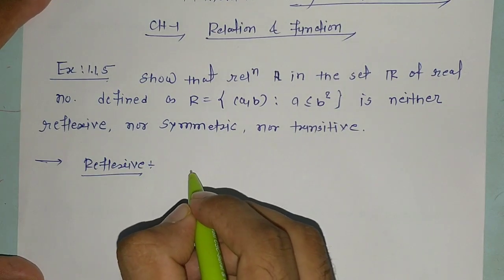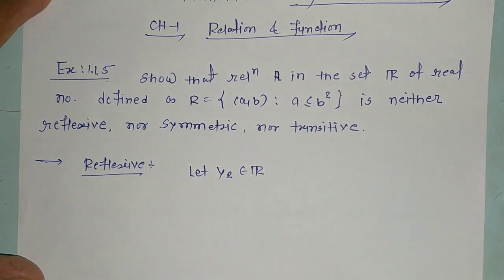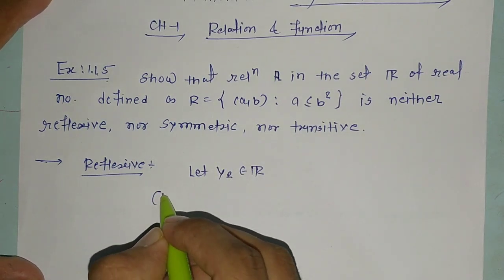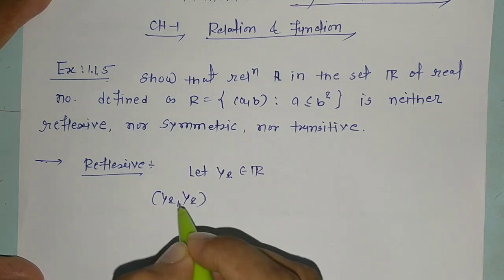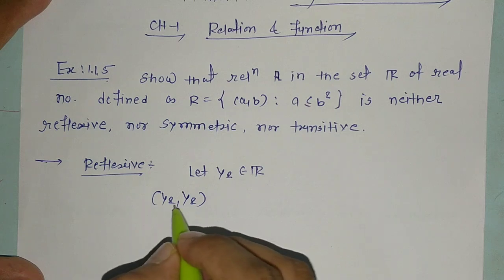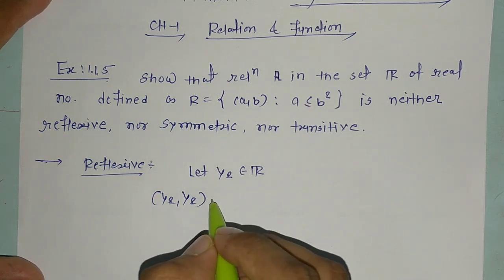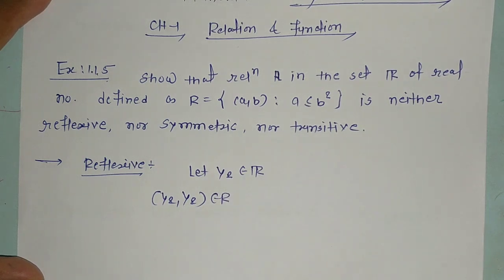let's take an example. Let 1/2 belong to the set of real numbers. See, 1/2, half, is a real number. Now, if I want to check whether the pair (1/2, 1/2) belongs to R or not, it must satisfy this condition.